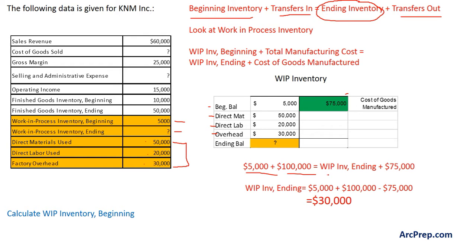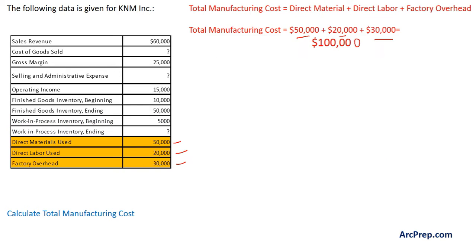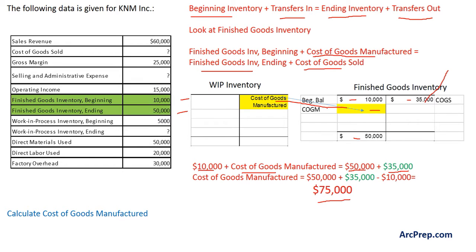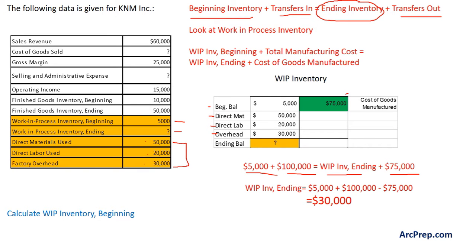That is equal to ending inventory plus 75,000. Where does 75,000 come from? That's the one I calculated in the previous example. If I go back here, I calculated 75,000 as cost of goods manufactured. Now I can calculate work in process ending inventory by solving this equation right here.